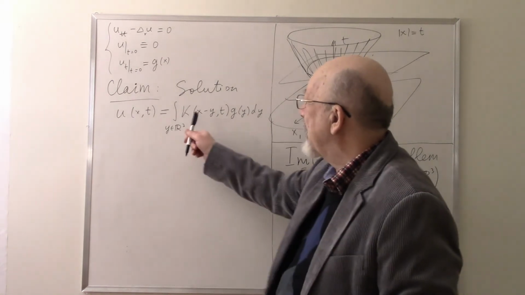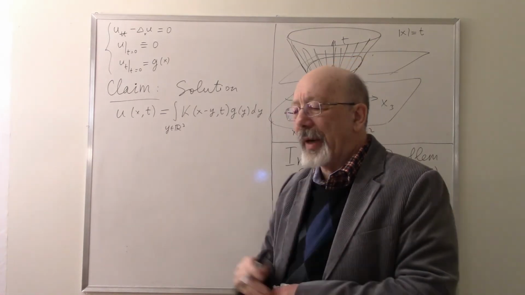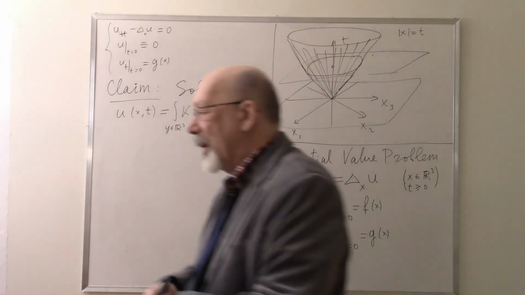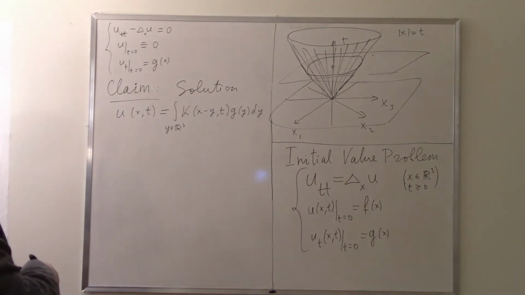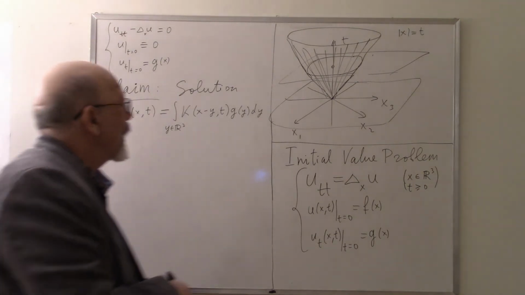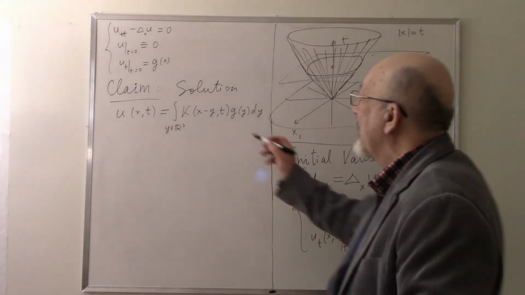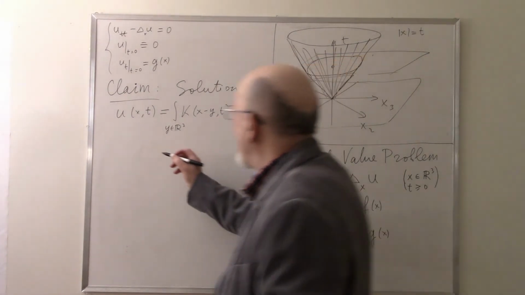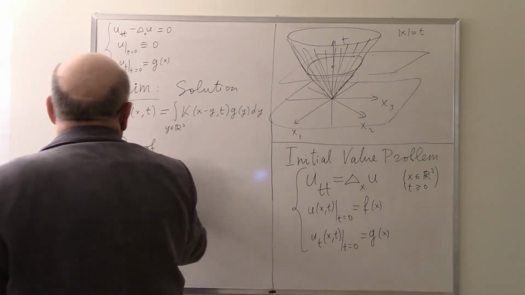So here we have a different k, of course, with one more variable, but it is still very similar. Okay, now how to prove it. Let us substitute here the function k.